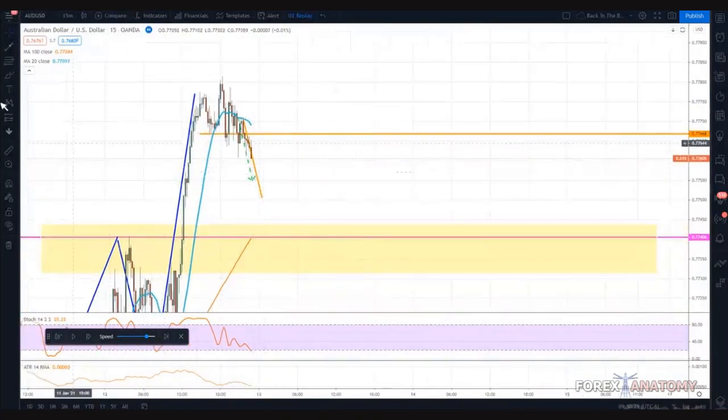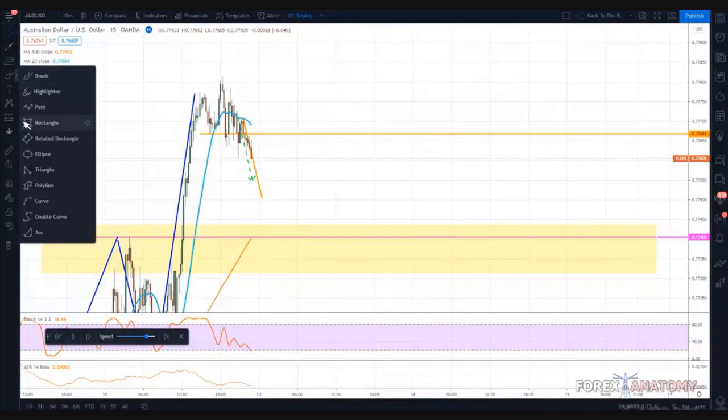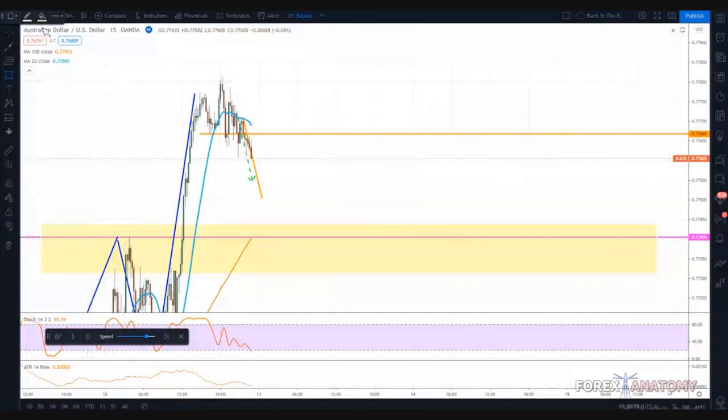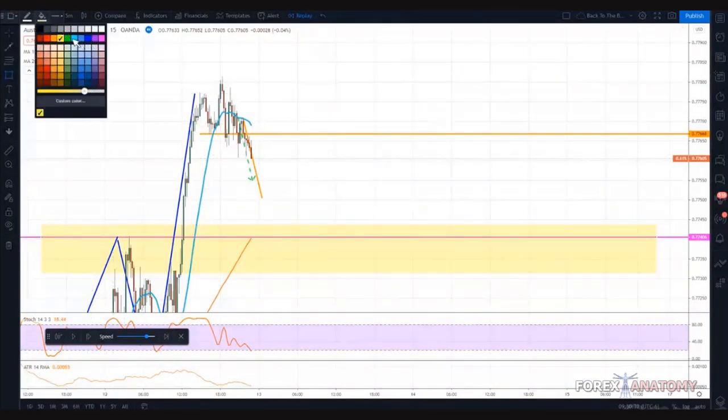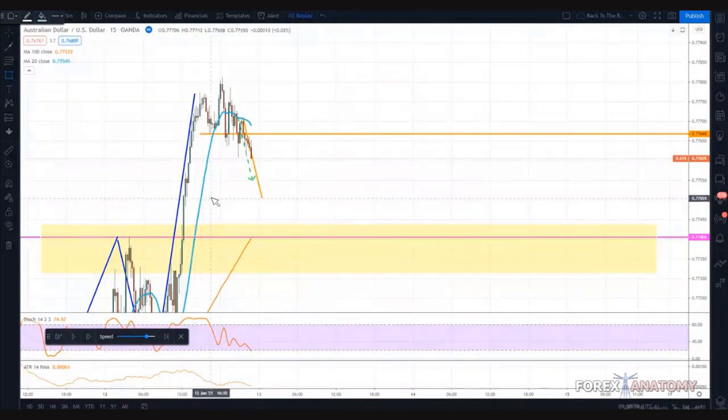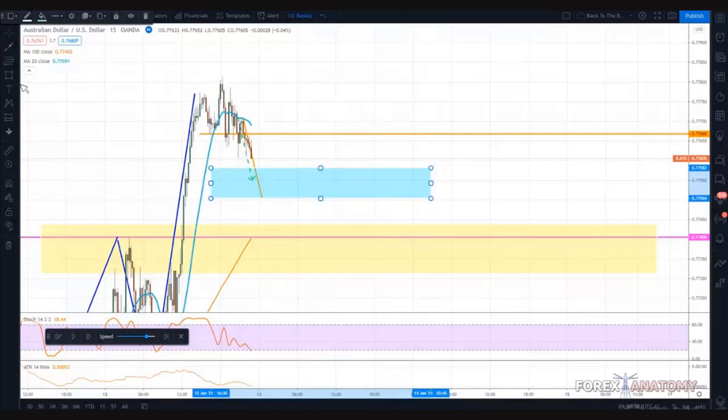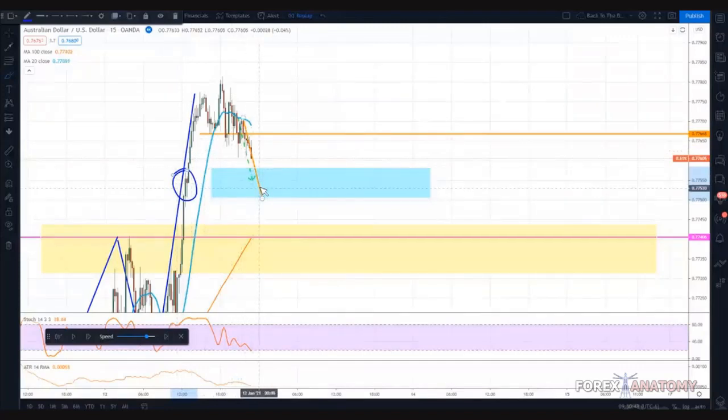So somewhere right around here is where we're expecting price to retrace to, or a potential retracement to, somewhere right around here. And it makes a lot of sense because, for those who are familiar with what we teach, we see hidden structure right here. So we're expecting price to fall into this area and then look for a buying setup from there.